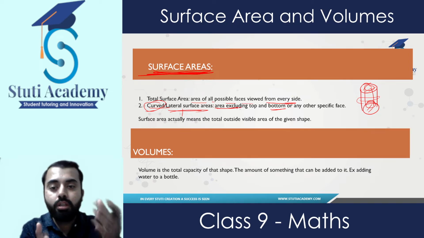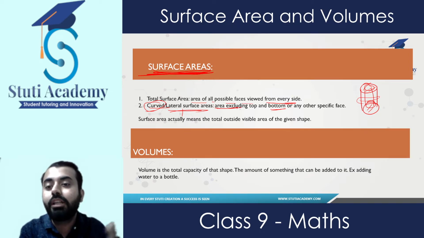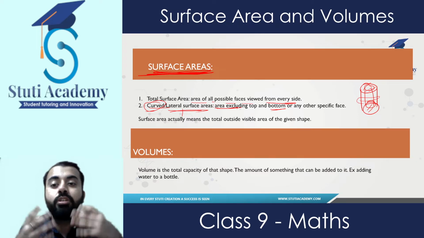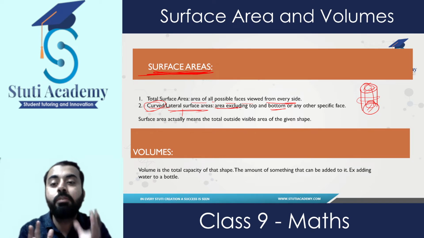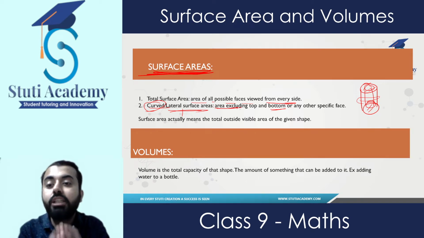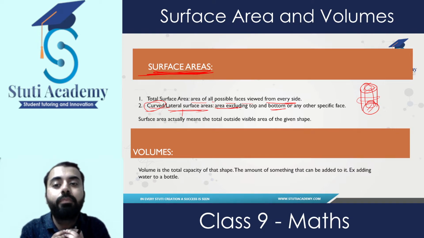The chapter surface area and volume is the same in class 10, where there is another chapter based on this, but it is a bit advanced. So remember this, if you don't learn it here, you will be facing problems in class 10. I remind you, understand each and everything. I will be explaining how each formula is derived. So don't worry, you don't have to learn anything. You have to understand everything. Right?